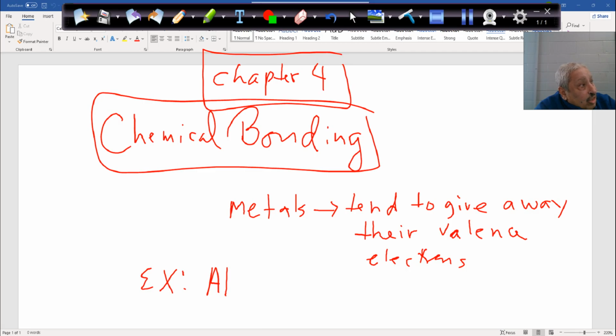So aluminum in group 3B, 3 means the valence electrons are 3. Carbon in group 4B has 4 valence electrons. Then nitrogen in 5B has 5 valence electrons. Oxygen in 6B has 6 valence electrons.